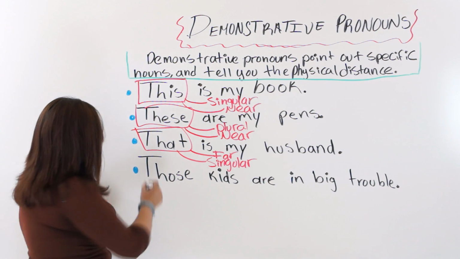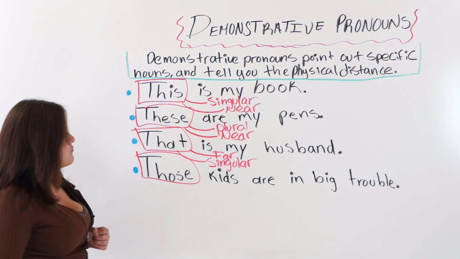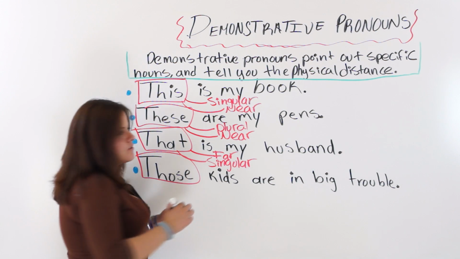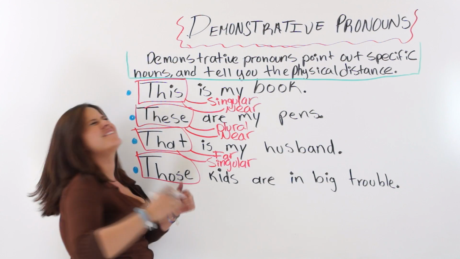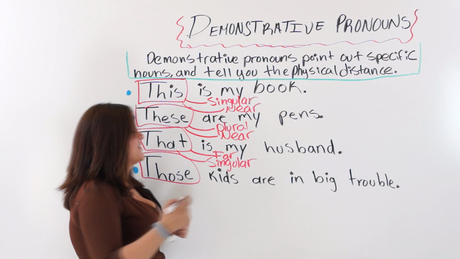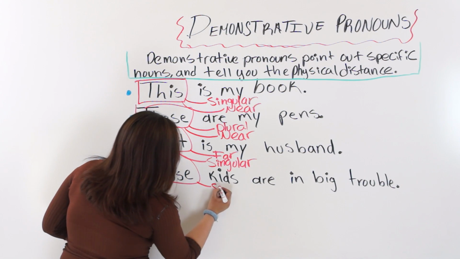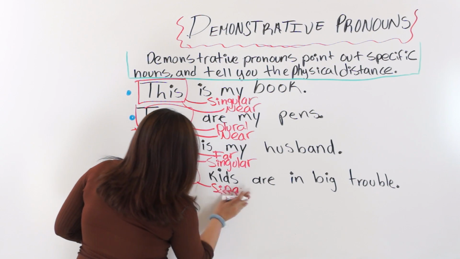And this last one says, "Those kids are in big trouble." Those lets you know two things. It is a demonstrative pronoun that shows you that you are talking about more than one thing. I mean plural.